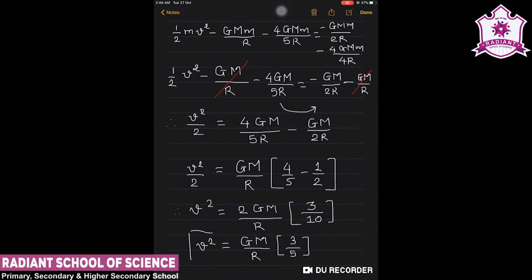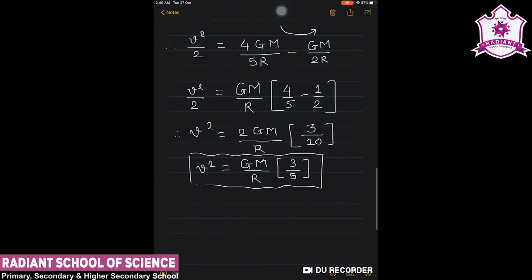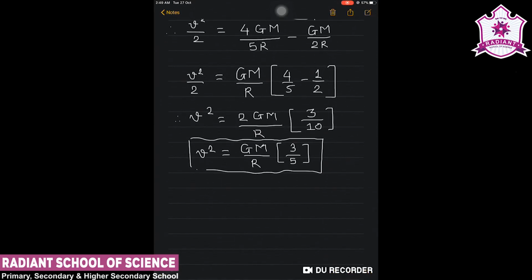Now if we take the square root, we have v is equal to square root of 3 by 5 G capital M over r.